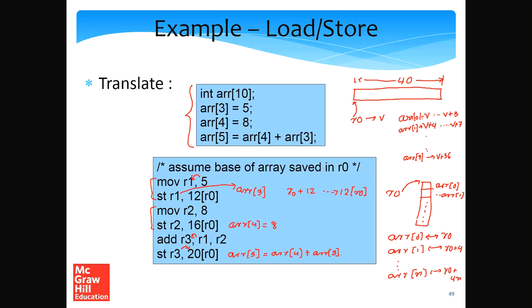By this time the advantage of using a base offset addressing mode should be clear: it allows us to implement arrays. We can save the base address of an array, and then use the offset to access different elements of the array. We always need to be mindful of the size of an element.